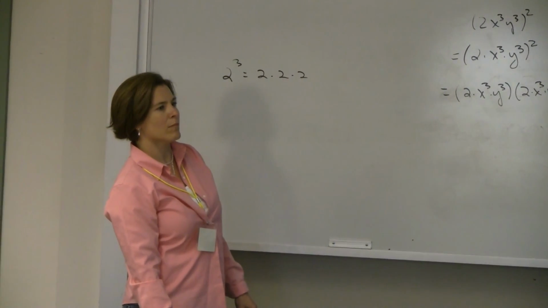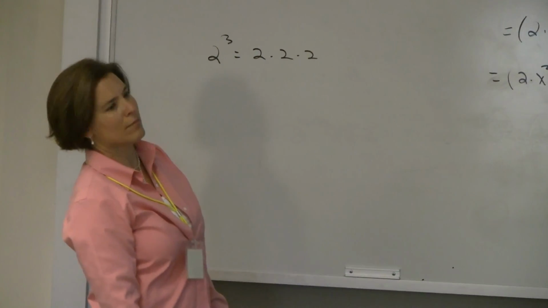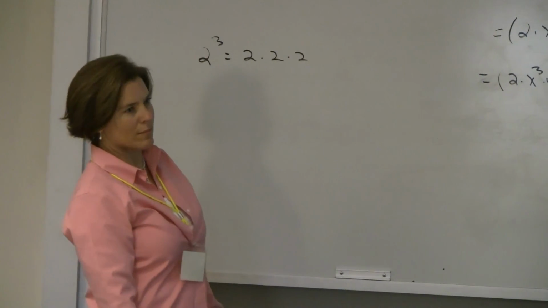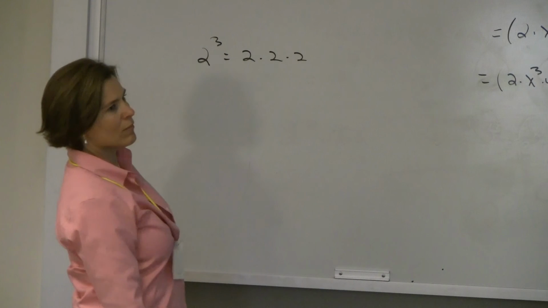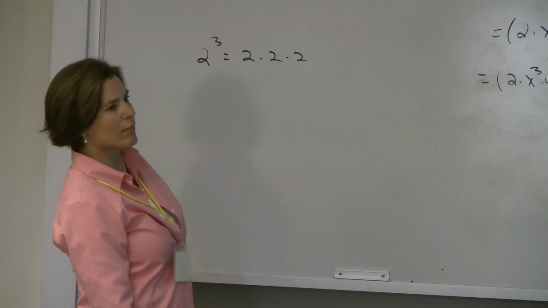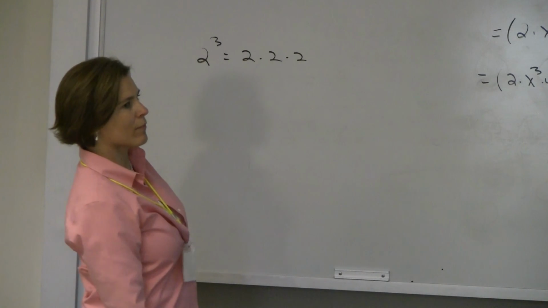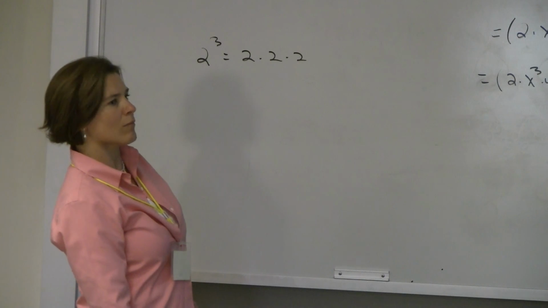Write it out, x times x times x divided by x times x times x. They all cancel, so you get 1, and then you know the formula, it equals x to the 3 minus 3, which is x to the 0. So I show them that it equals both 1 and that.